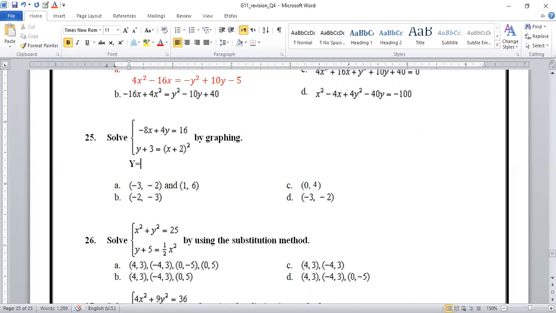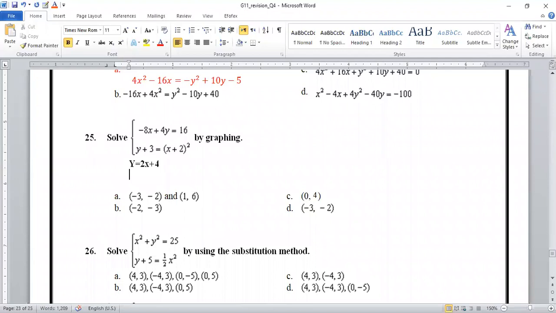First one, y equals 2x plus 4. Second equation, y equals (x plus 2) squared minus 3.